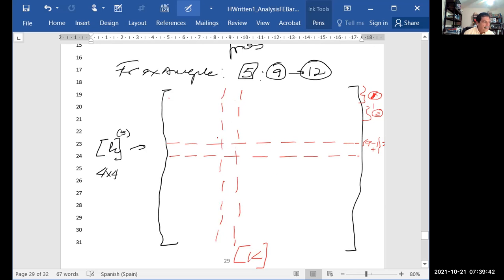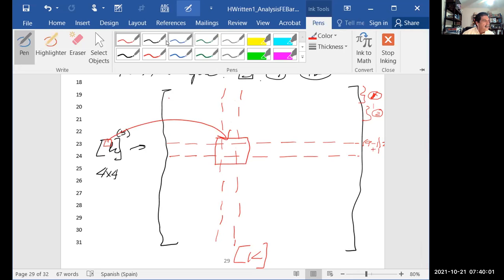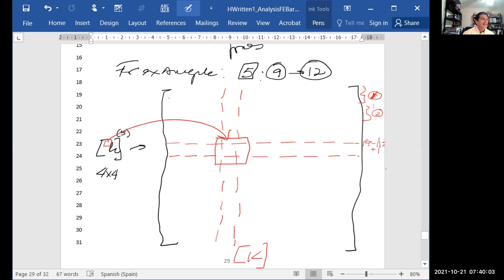So I have these 4 elements. These go for these 4 elements. So this goes here. Thank you, Mr. Ordóñez. Good. We can go on.